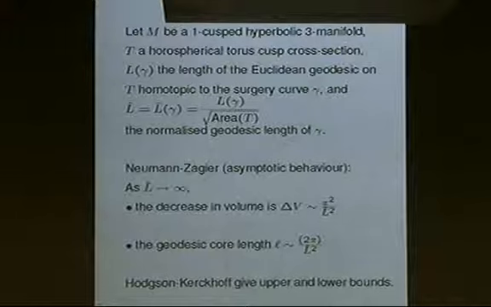We've got a one cusp hyperbolic manifold, and I want to measure the lengths of these curves using the geometry on the cusp. So how can we do this? Well, we take a horospherical torus cusp cross-section. Remember in our figure 8 knot example, we could cut off the corners of the tetrahedra.